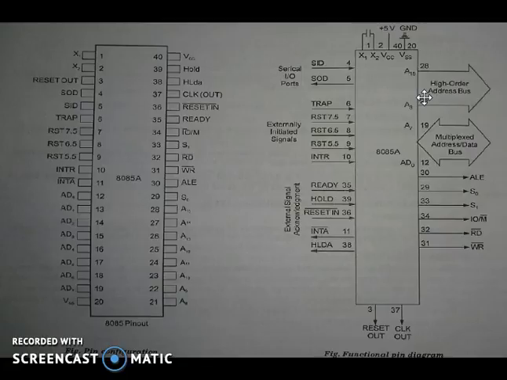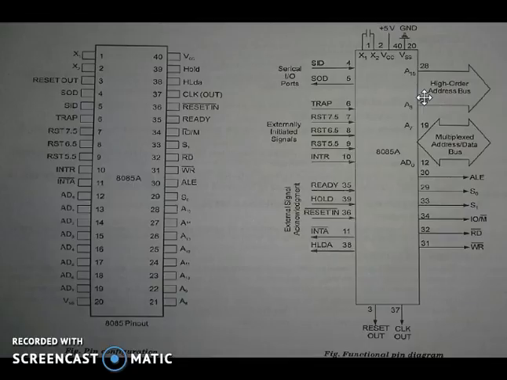Next we have the signal lines AD7 to AD0. The signal lines AD7 to AD0 are bidirectional, means they serve as dual purpose. They are used as low order address buses as well as the data buses.